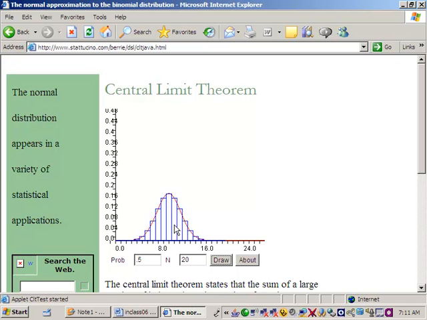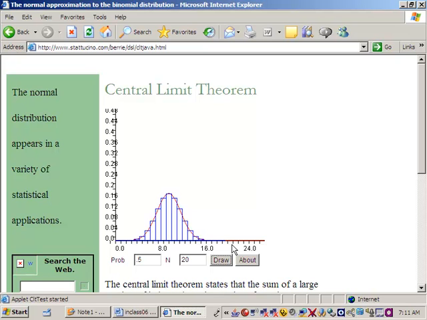This is from somebody else's website. And so we have outcomes going from 0 all the way through 20. At the boundaries it essentially goes to 0, just like the normal distribution. The normal distribution goes off to infinity.